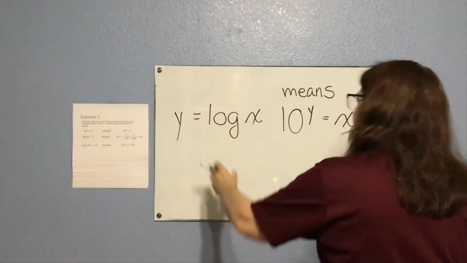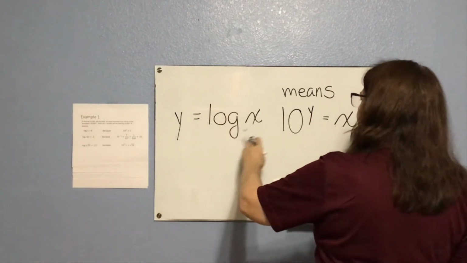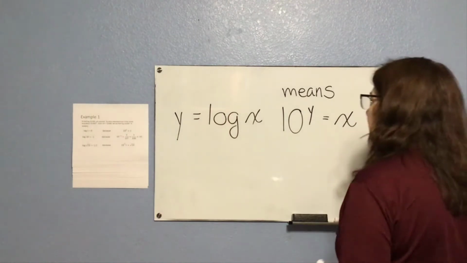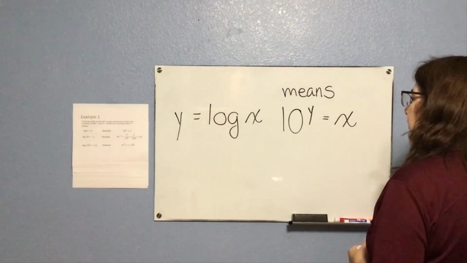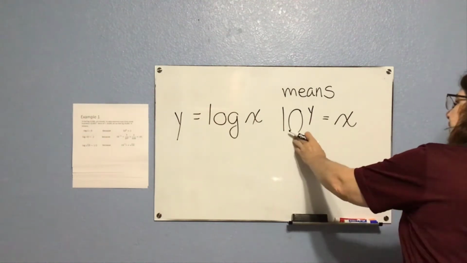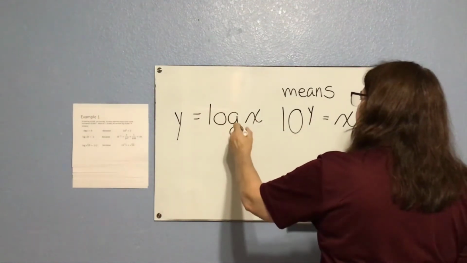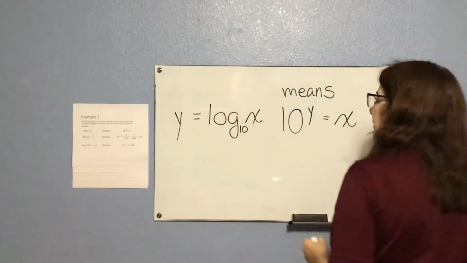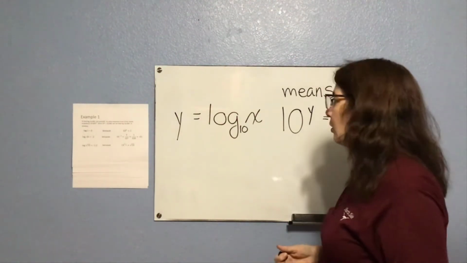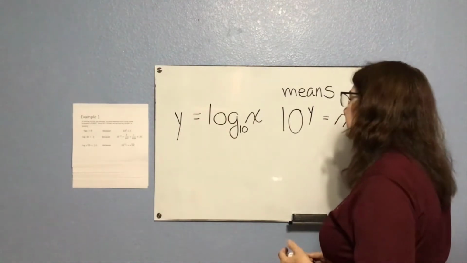And you can see that both statements have an equal sign, an x, and a y. But they're arranged a little bit differently. This statement has a 10, and although you don't see it here, we could put a 10 there without changing the meaning of this statement. Because a logarithm is an exponent.